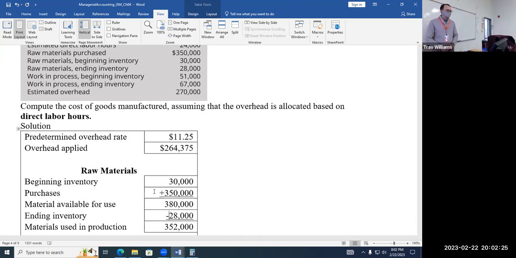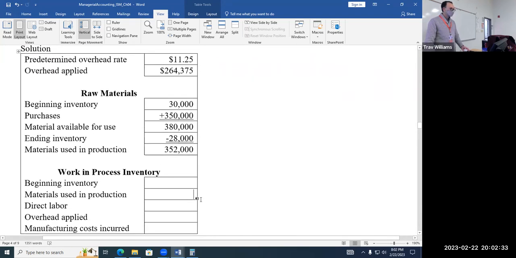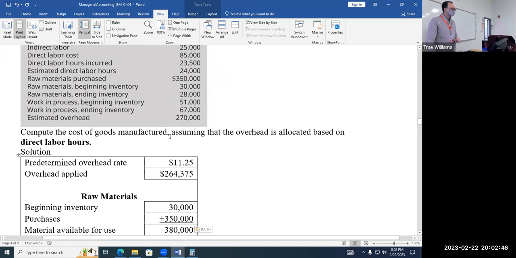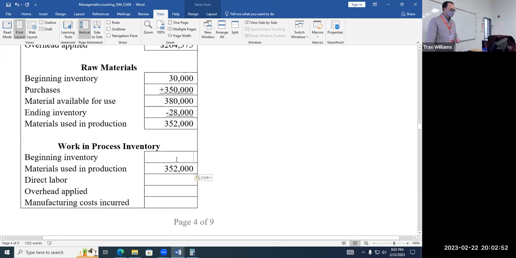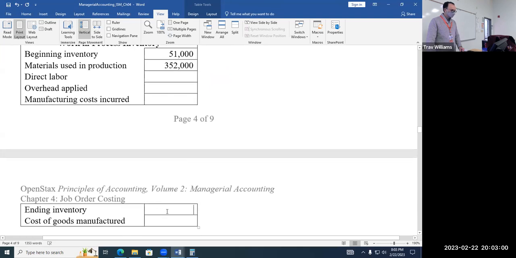Okay. This materials used in production is part of our work in process inventory, right? Because it went from raw materials into production. What was our beginning work in process inventory? It was 51,000. Our ending work in process inventory, I'm going to go ahead and put down here, that was 67,000.